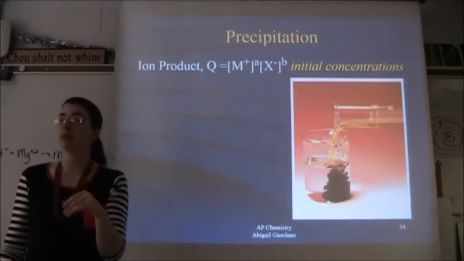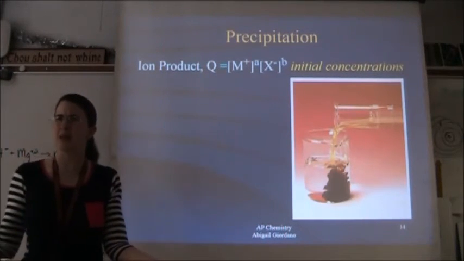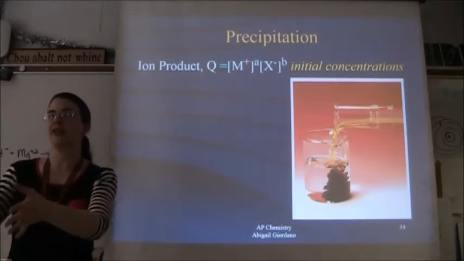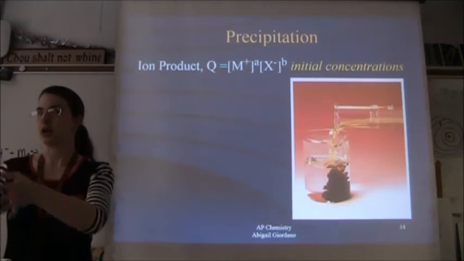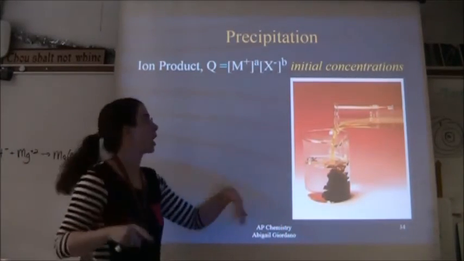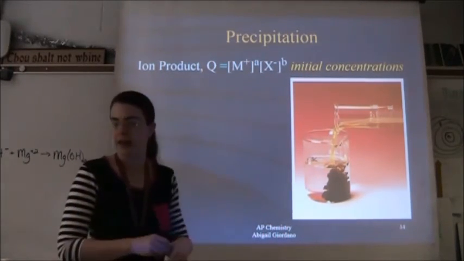Do you all remember what makes Q and K different if they're calculated the same way? K is what kind of molarities? At equilibrium. Q is not at equilibrium, and you're right, usually it's going to be initial conditions.